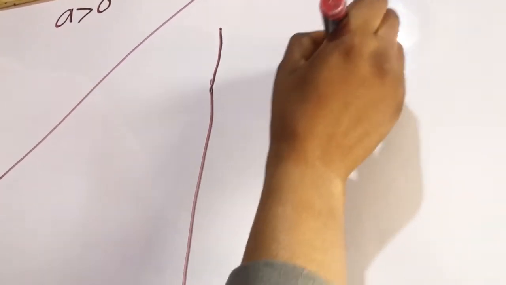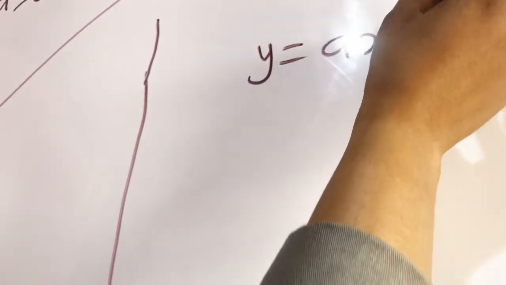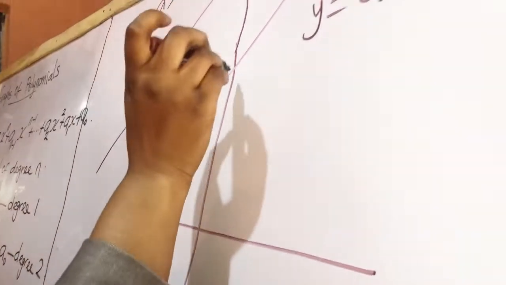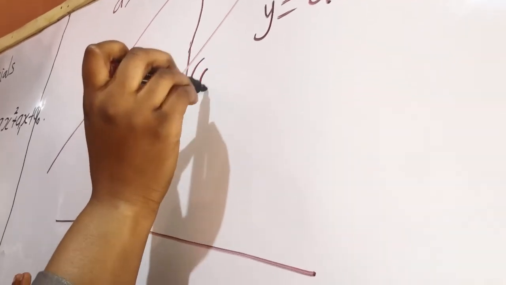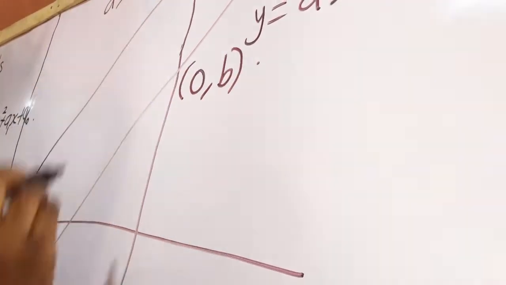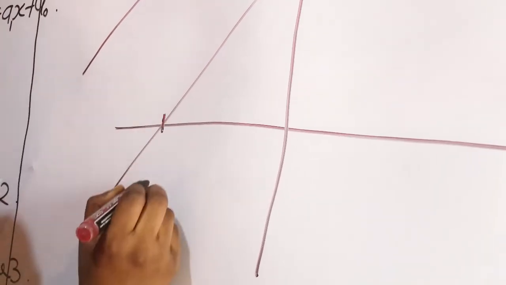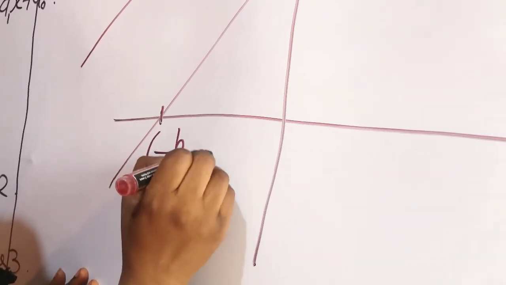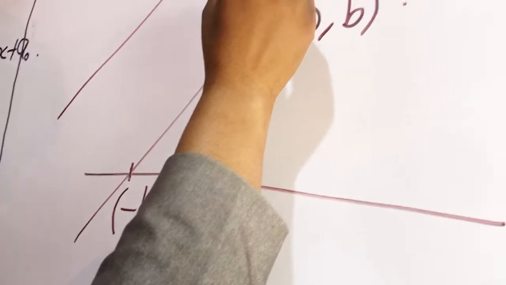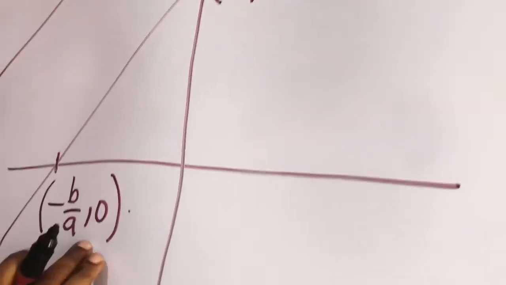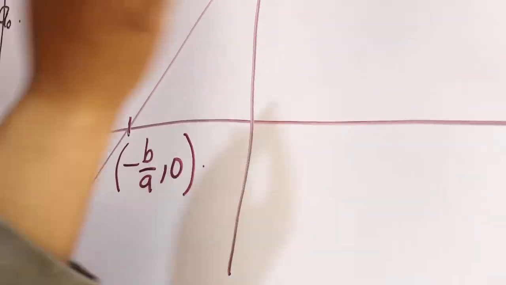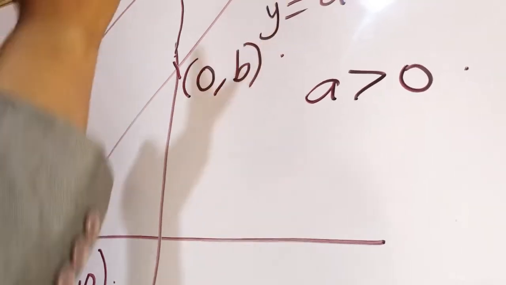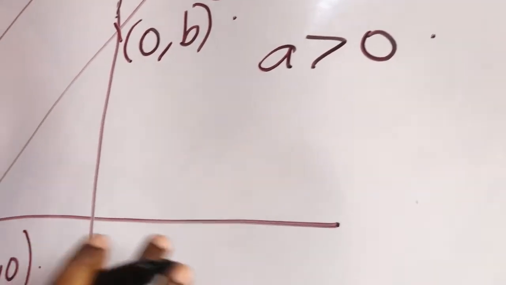So if y is equal to ax plus b, the graph will look like this. This place will be 0, b. And the point, this is the x-intercept, and it will be minus b over a, 0. So here is the y-intercept, and here is the x-intercept. So when a is greater than 0, the line rises as y increases and x increases.